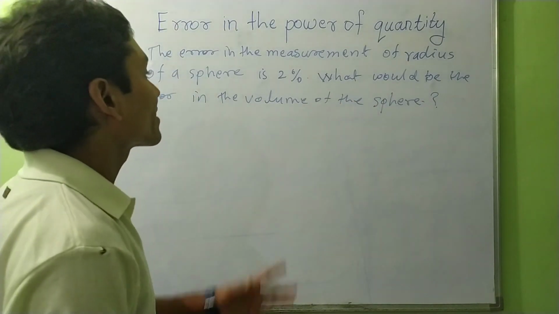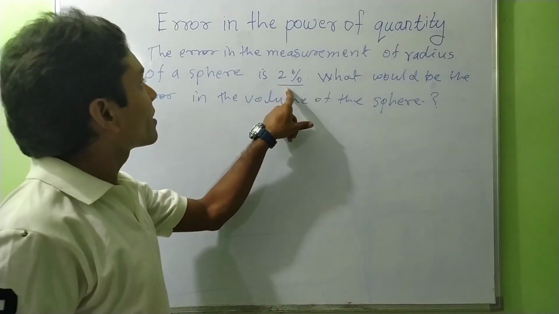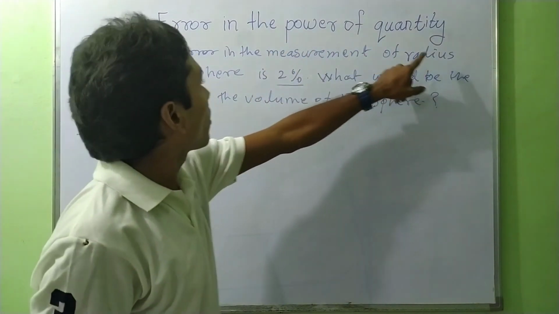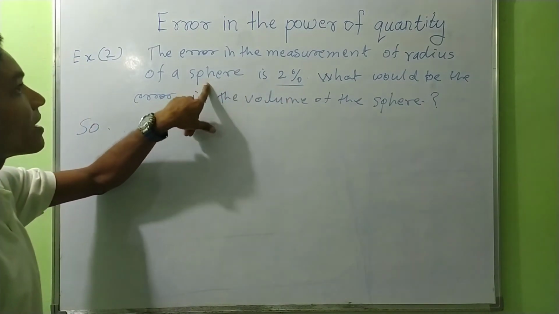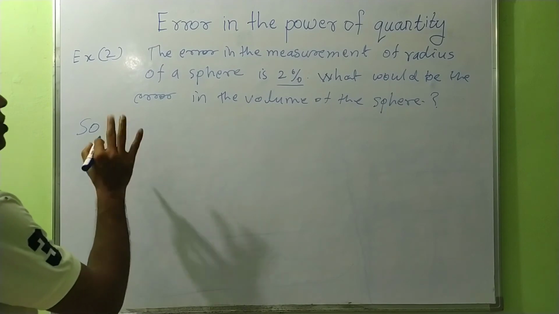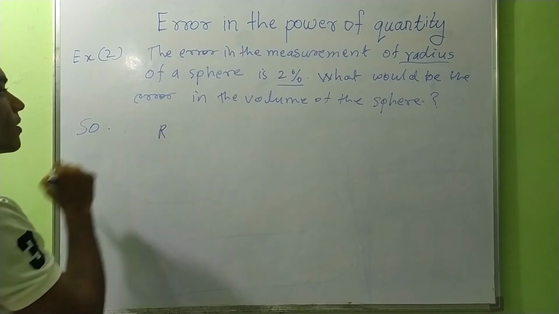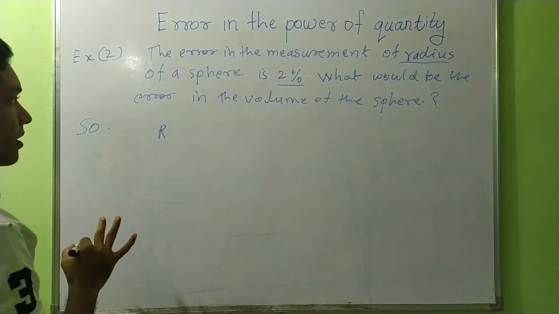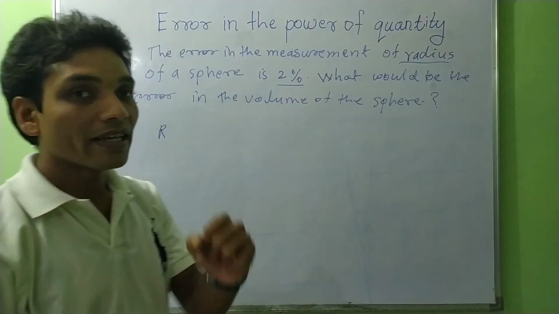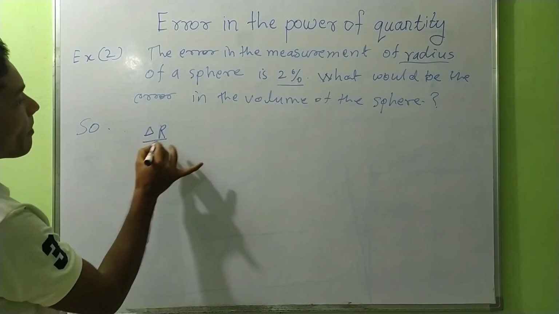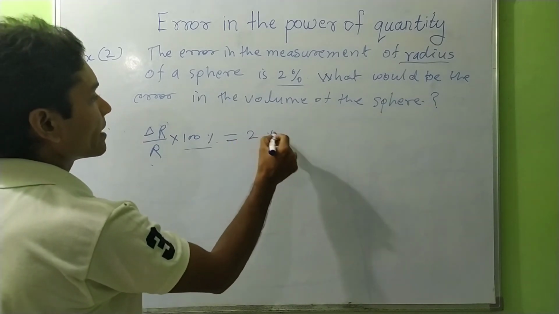What will be the solution of this example? Here 2% is given. This is the percentage error in the radius of the sphere. You know that radius is denoted by R, and we are representing it here by capital R. Then the formula of the percentage error in the radius is del r upon r into 100%, and this is equal to 2%.